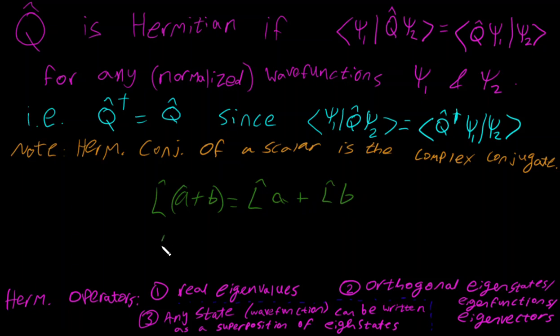And the other part of it is L hat on C times A, where C is some scalar, some constant. This is C times L hat acting on A. You can take scalar constants outside of a linear operator.